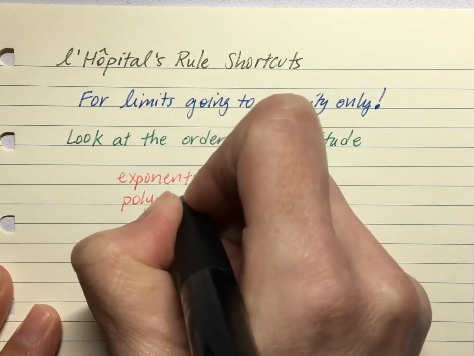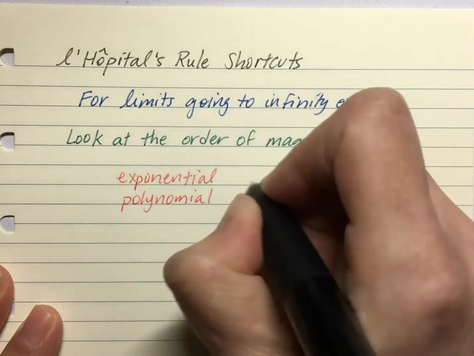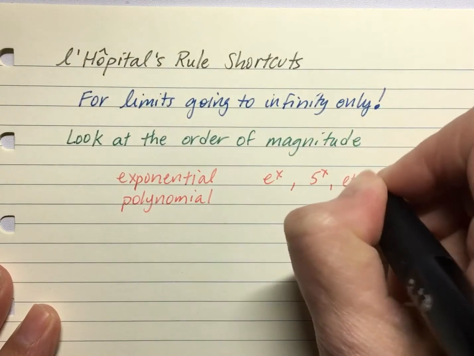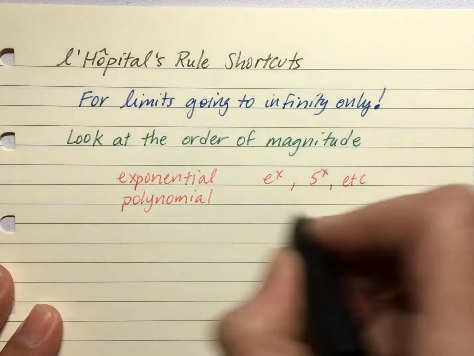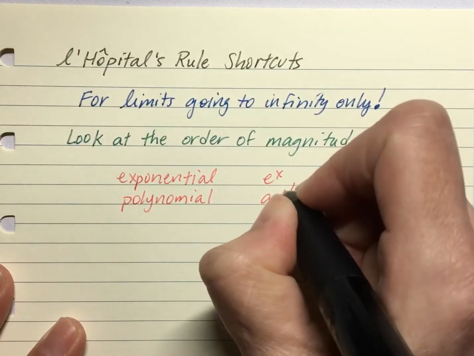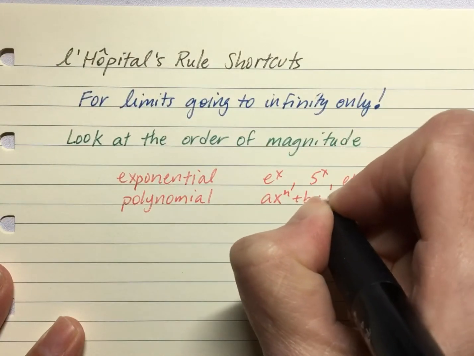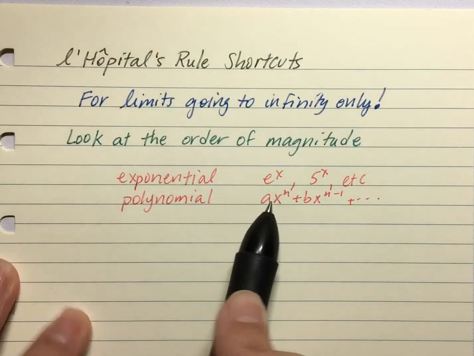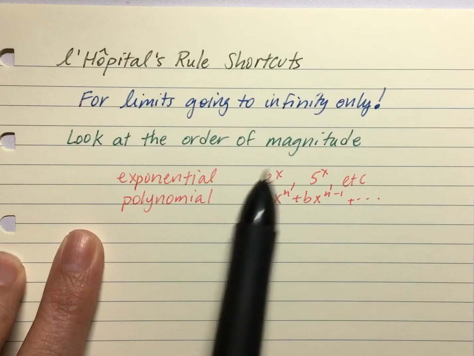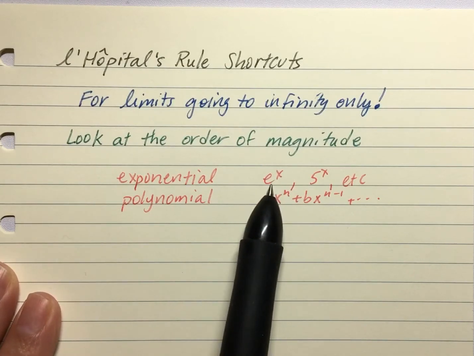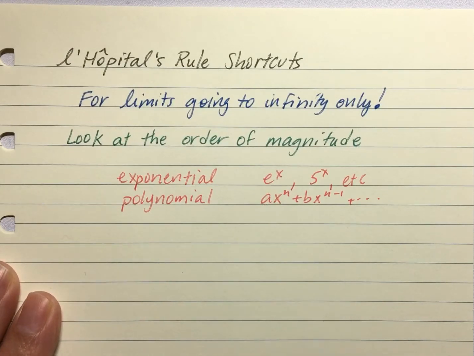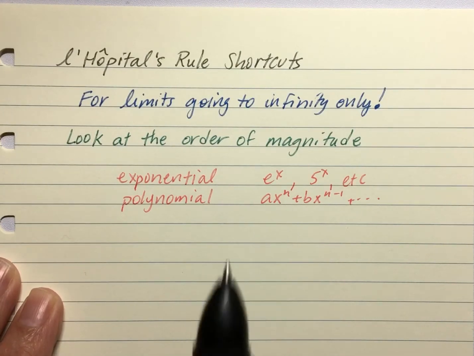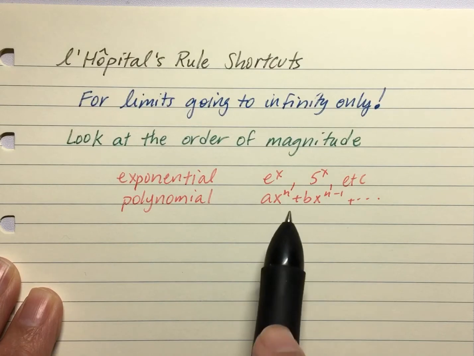For polynomials, you're talking about a x to the n plus b x to the n minus 1 plus however long. And no matter what is on the exponent, an e to the 0.000001x will grow faster in the long run than x to the 9,999, or even a bigger number.